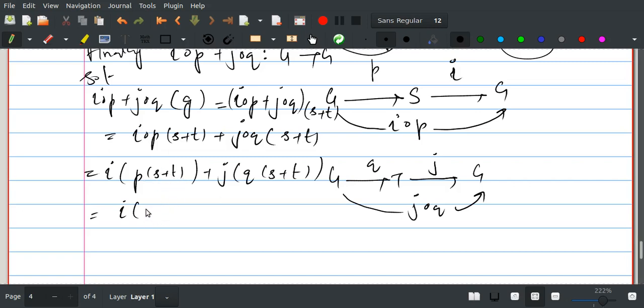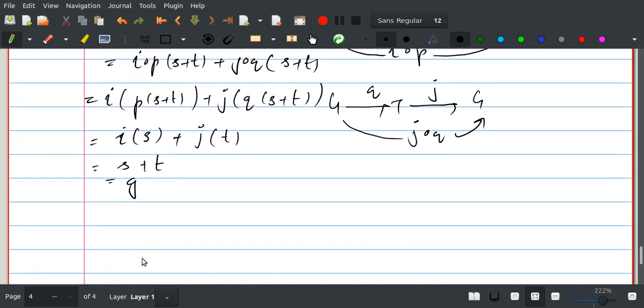So this is I of S plus J of Q, and Q is a projection of G onto T, so this is T. Now I and J are inclusions, so I of S will be S and J of T will be T. Now S plus T is again, sorry, G. So we operated this map on G and we get G. So this map behaves as an identity map on G.